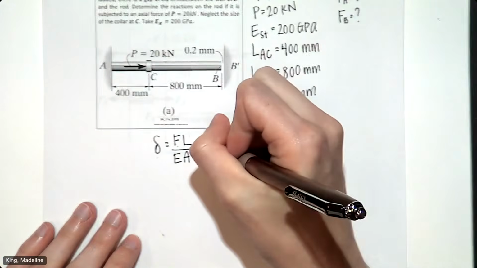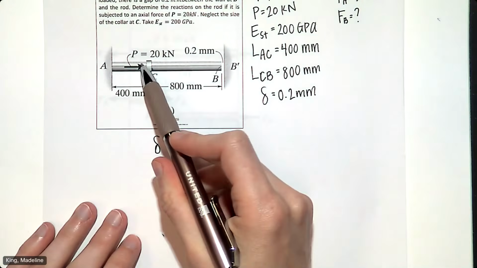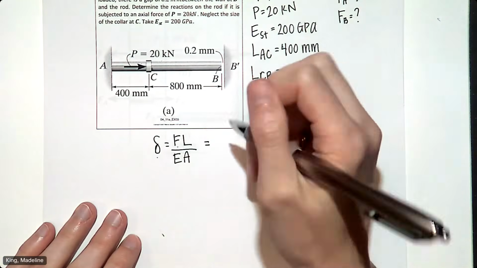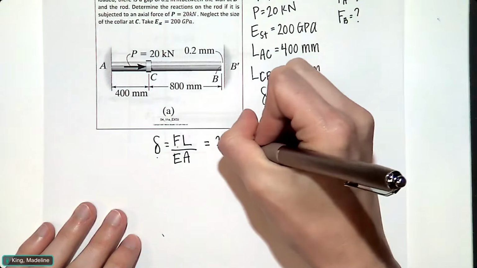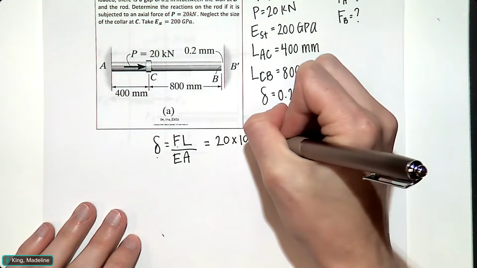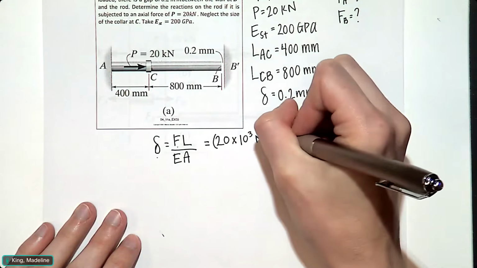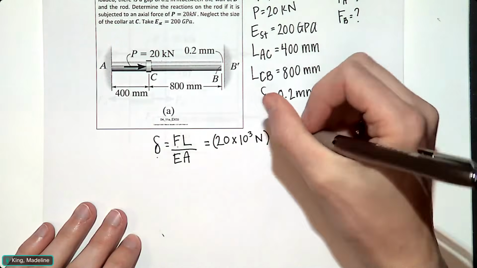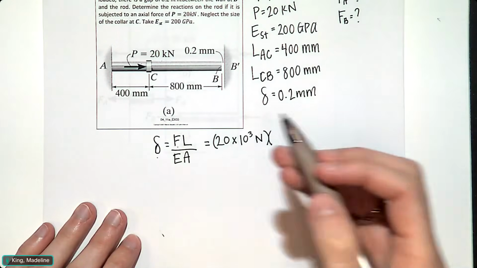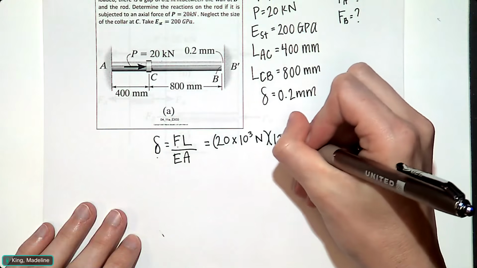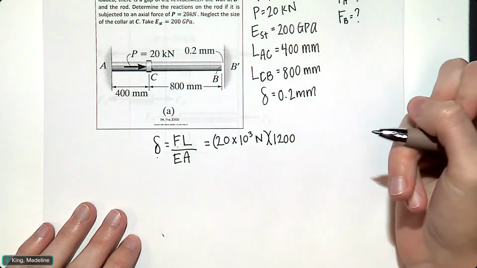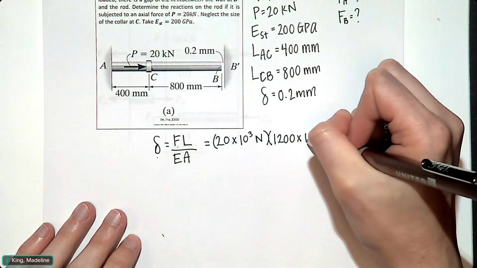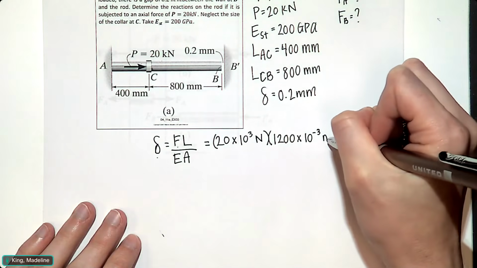So our total force for this rod would be 20 kilonewtons. So I'm going to convert it to 10 to the third. Our length for the whole rod would be 1200 millimeters. Converting that to meters, that's 1200 times 10 to the negative 3 meters.